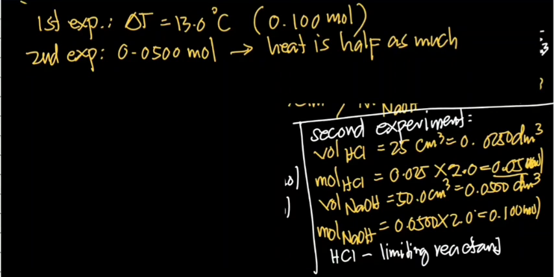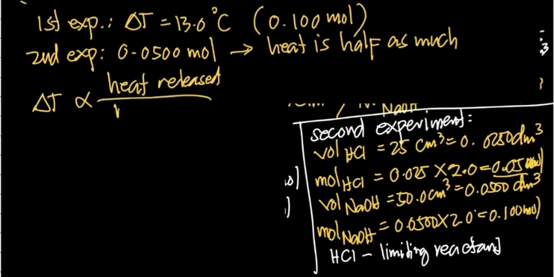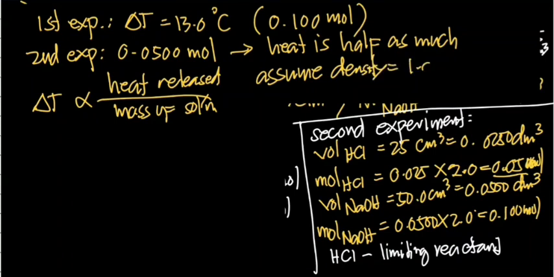Okay, temperature rise formula. So delta T is directly proportional to the heat released per mass of solution. So we assume the density is equal to 1.0 gram per cubic centimeter. Okay, for the first experiment, let's assume it's 100 grams and change of temperature is 13.